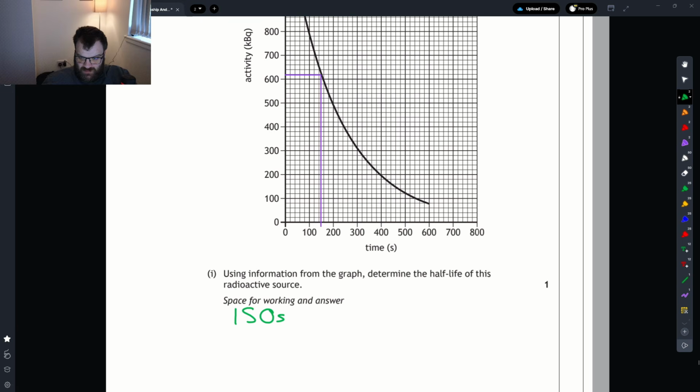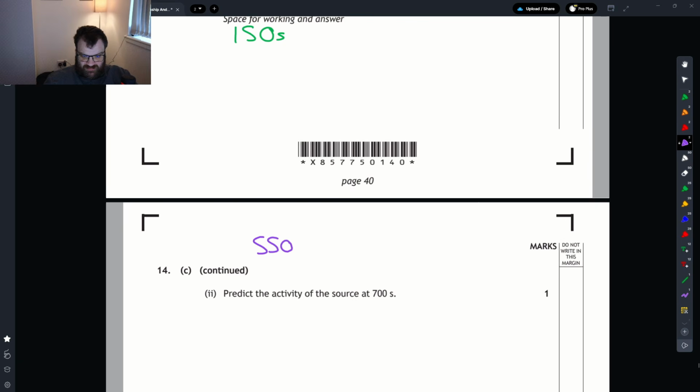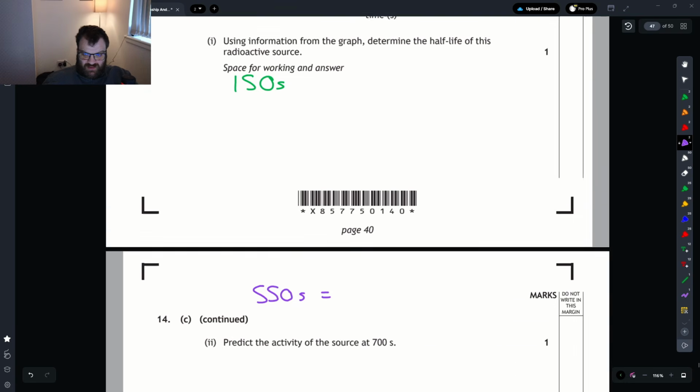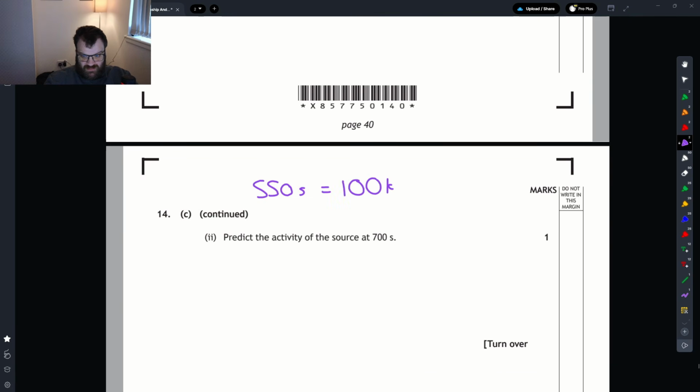Predict activity at 700 seconds. Okay. Well, if we go back to this point here, 150 seconds, it equaled 100 kilobecquerels. Well, 700 is one half-life more. It's 150 seconds. So it would have halved again.